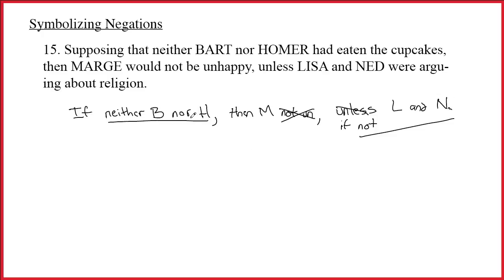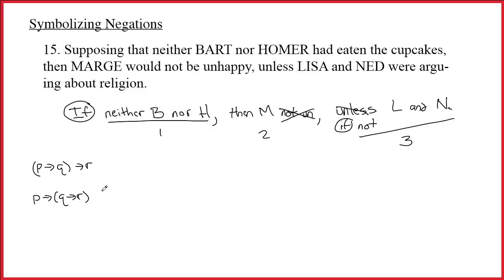But if neither B nor H, then M, if not L and N. We can see that there's one chunk here, a second chunk there, and a third chunk here. And then notice we've got two ifs. So what is really going on in this case is we are distinguishing P arrow Q arrow R, where we put P arrow Q in the parentheses, versus P arrow Q arrow R.